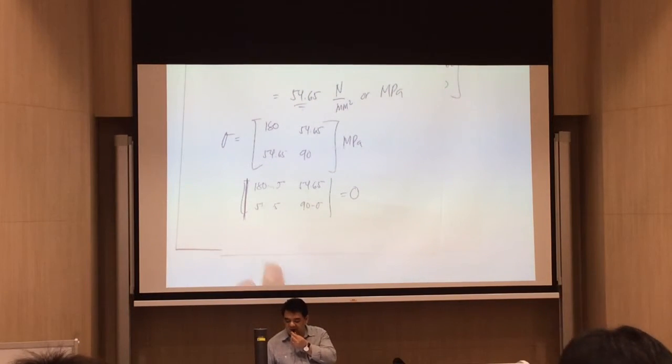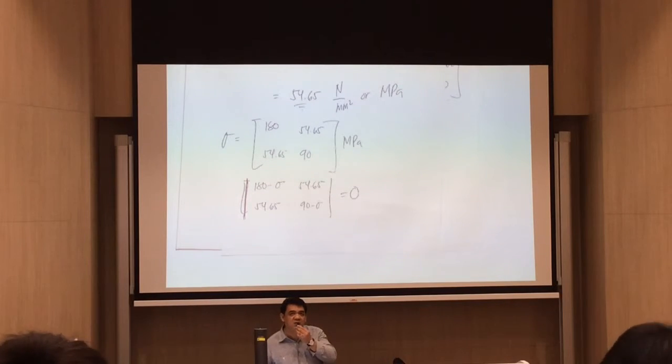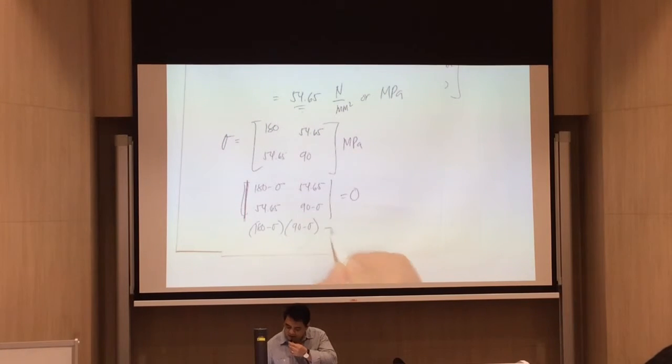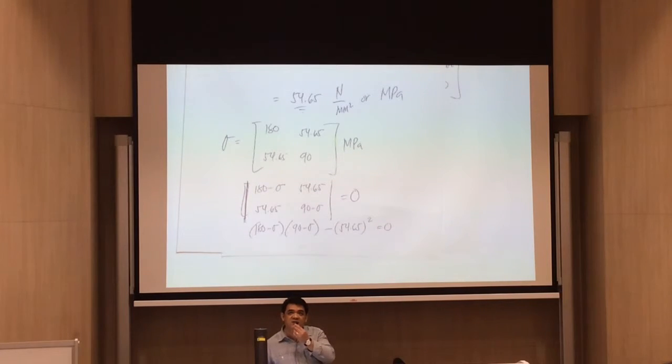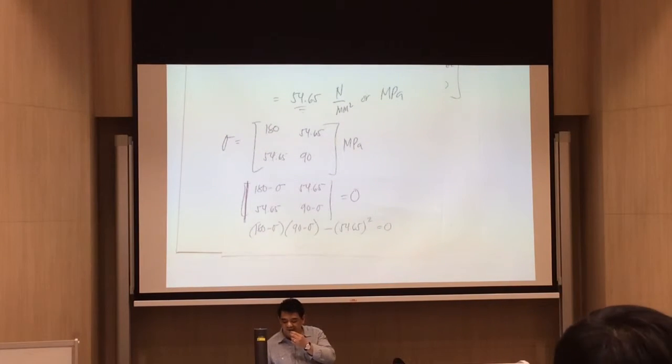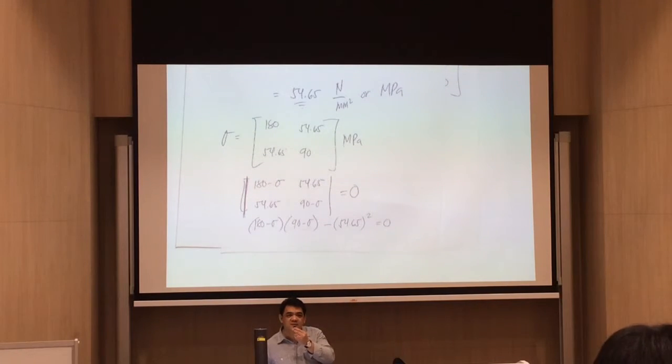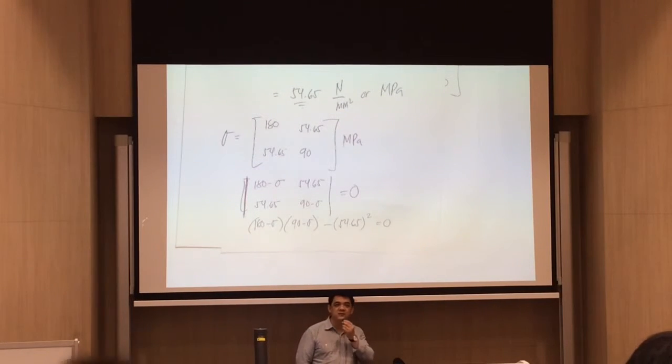You will have a quadratic equation wherein you will have two roots. So that's 180 minus sigma, 90 minus sigma, minus 54.65 squared, that is 0. The roots of your equation will be sigma 1 and sigma 2. So once you have sigma 1 and sigma 2, calculating the von Mises stress is not anymore a problem. Is that okay?